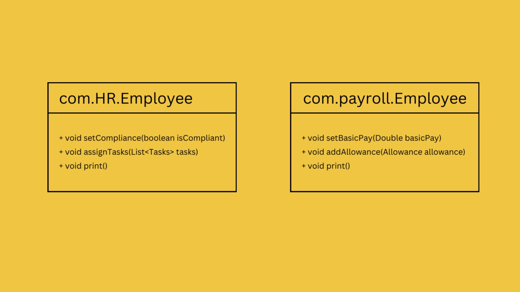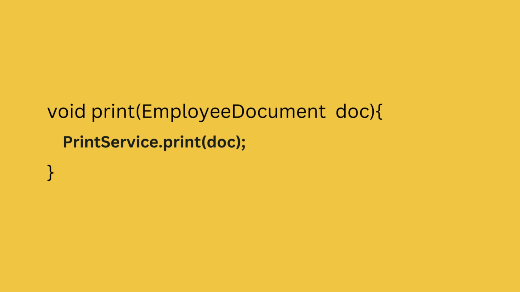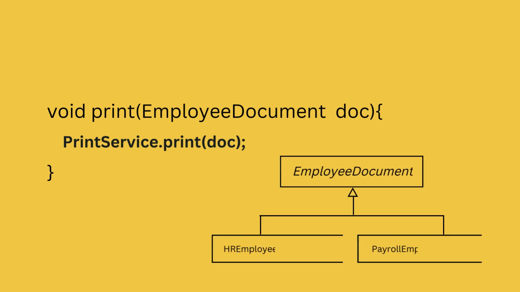But like I've already mentioned, there is no problem in having multiple responsibilities in a single file or a single class. Now consider this implementation of the print method, which accepts an instance of the employee document and just prints the document. So the employee document is an interface with two concrete implementations: the HR employee document and the payroll employee document.